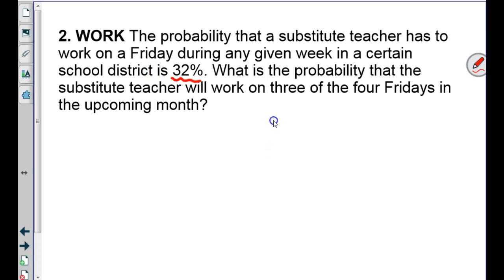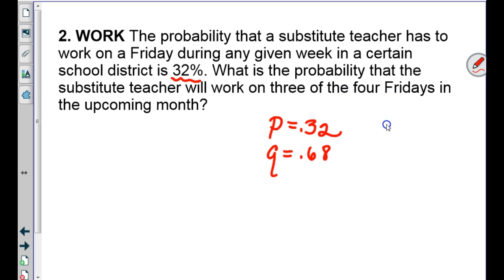Yeah, that's the probability of success for this question, right? So what's the probability of failure? Sounds right. Yep. What is the probability that she will be successful working 3 out of 4 Fridays?